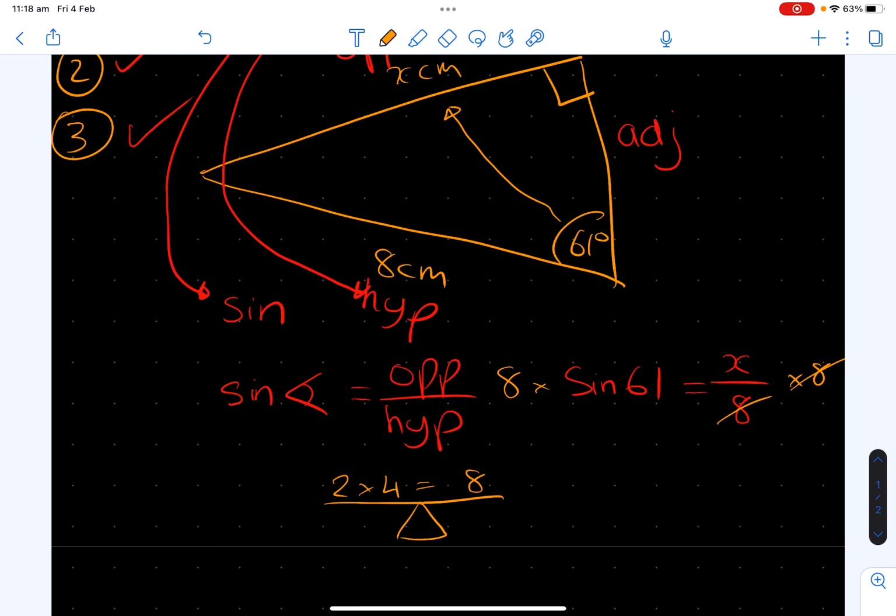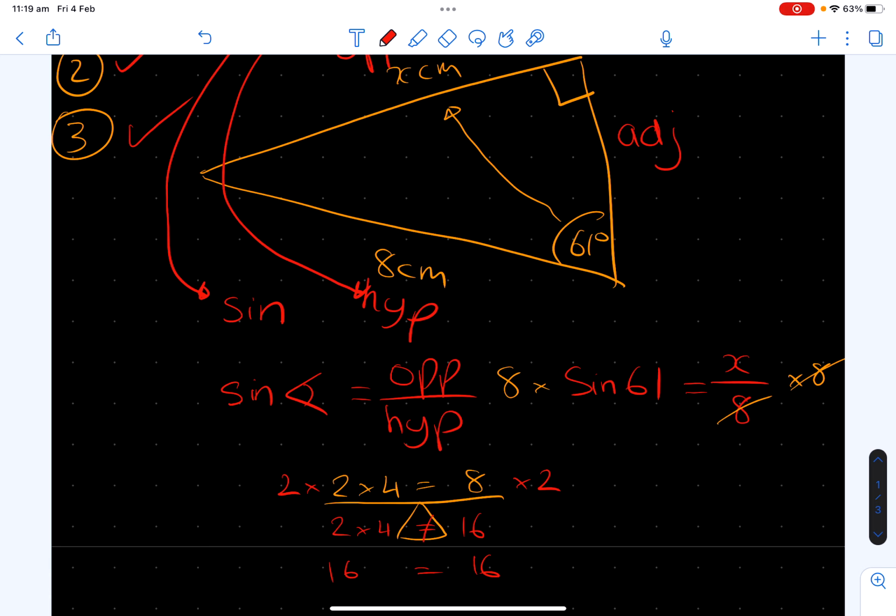Now, if we times just one side by 2, then all of a sudden 2 times 4 does not equal 16. But if we now times both sides by 2, this side's going to be 16, and this side's going to be 16. So that's the premise of balancing equations.